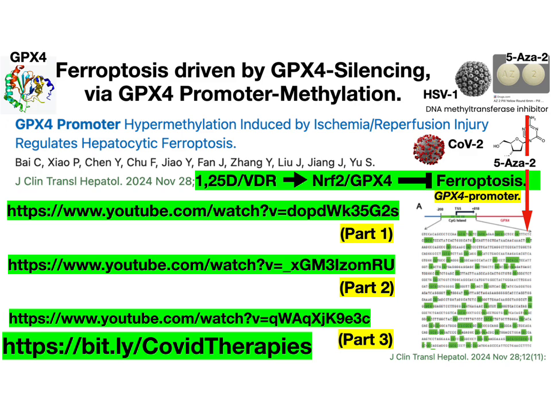And we concentrated on this paper, GPX4 promoter hypermethylation induced by ischemia reperfusion injury regulates hepatocytic ferroptosis. The importance of this paper is that it indicates that ischemic reperfusion injuries, in this case in the liver, are an upstream driver of ferroptosis.